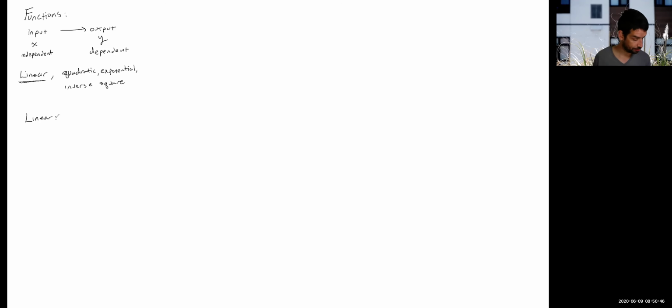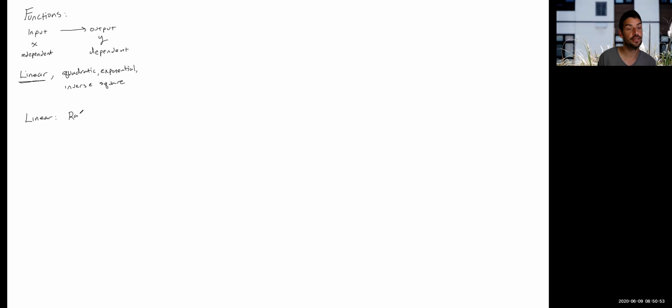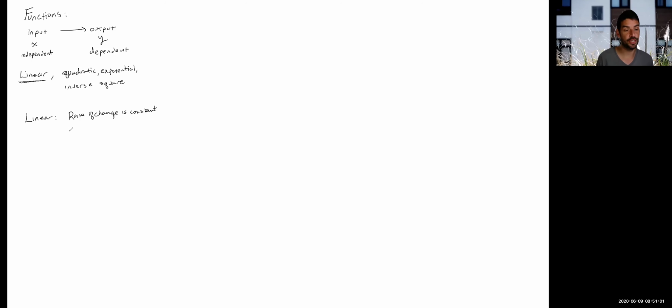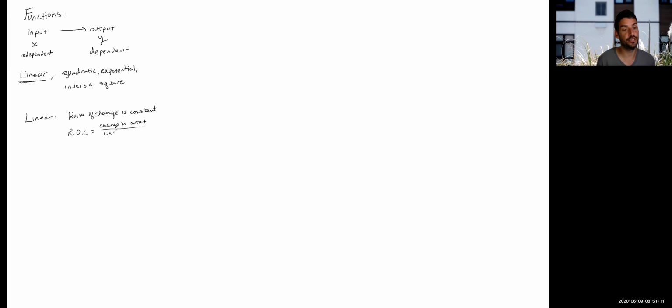So what does linear mean? There are a few ways we can think about linear, but one good way is that the rate of change is constant. And the rate of change, we can define as the change in output divided by the change in the input.